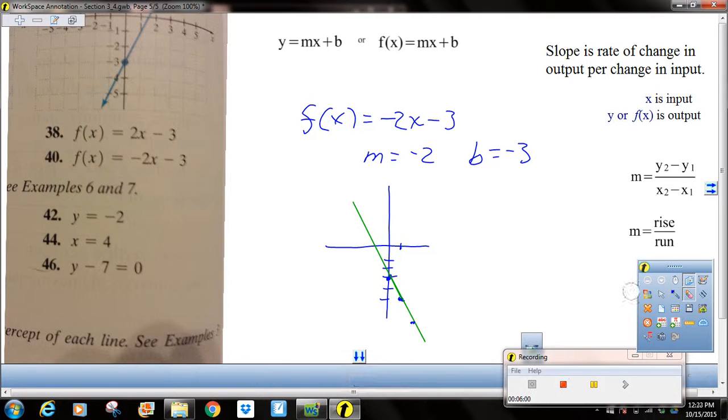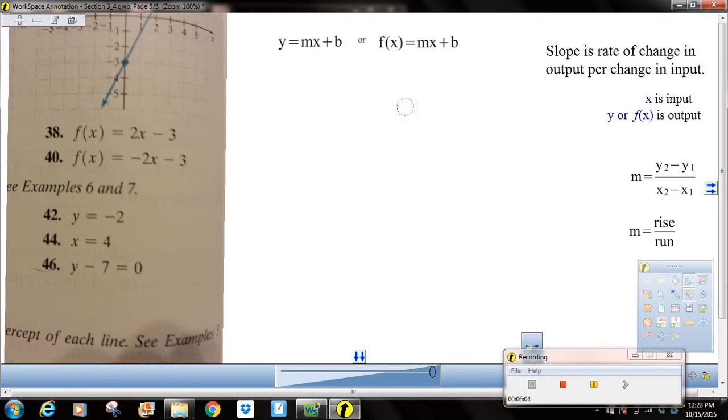Okay, it brings us to number 42, 44, and if you need me to, I'll do 46. So, on 42, they want us to do a sketch, and I'm going to go ahead and say, because you don't see an x term, the slope on this is slope-intercept form.